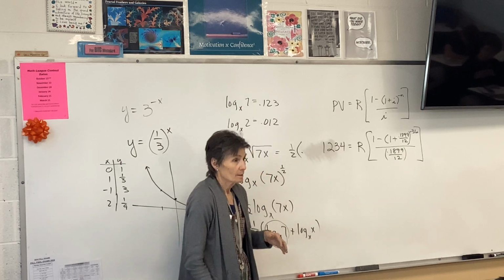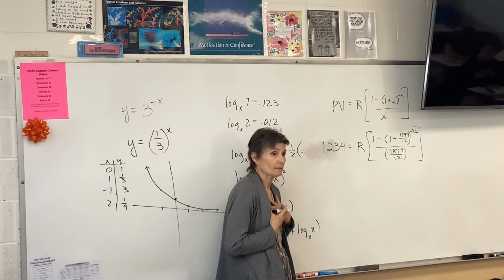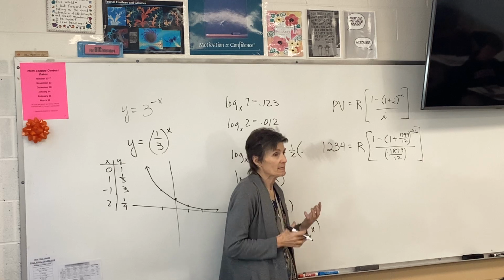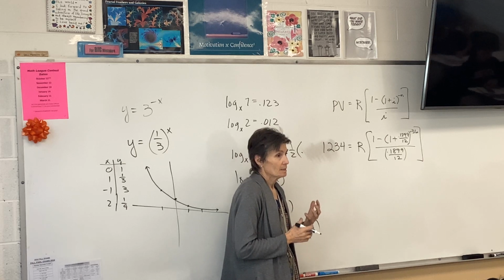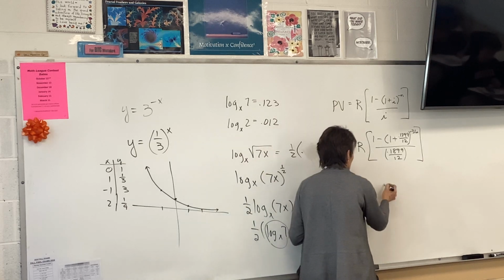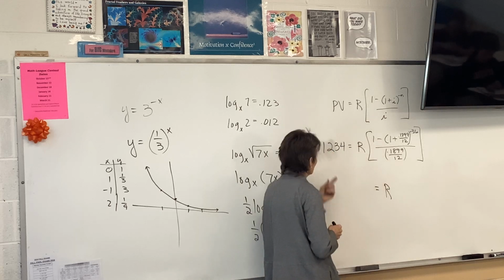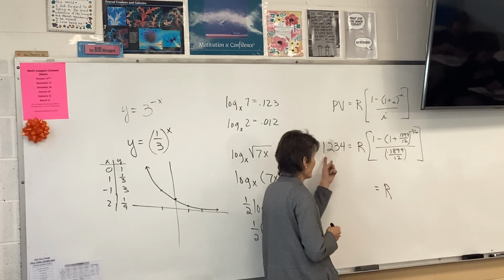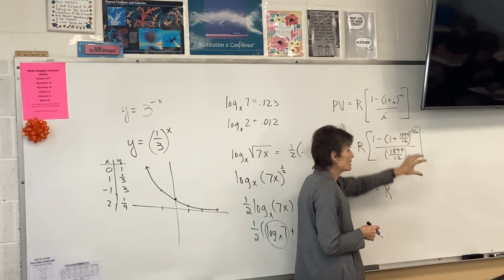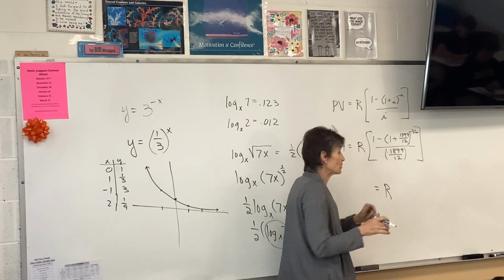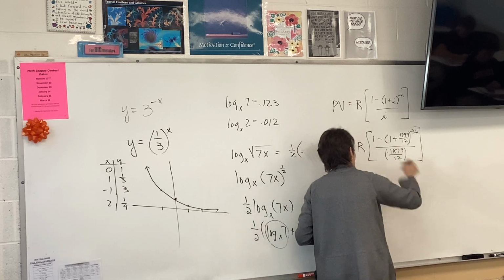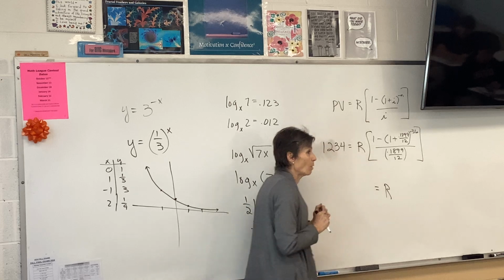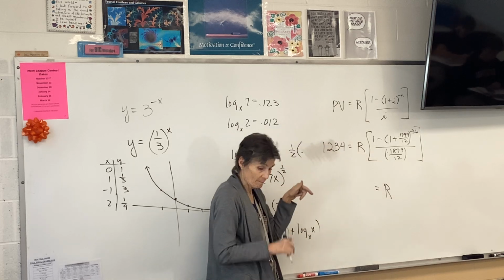Now, we gotta get this typed in correctly. Basically, this is a very easy problem. I need R. How am I gonna get R? It's gonna be this number divided by this. So, you do it however it works for you. I like to figure out what this is, and then divide 1, 2, 3, 4 by that number.